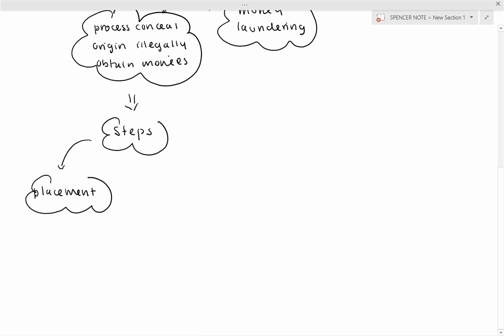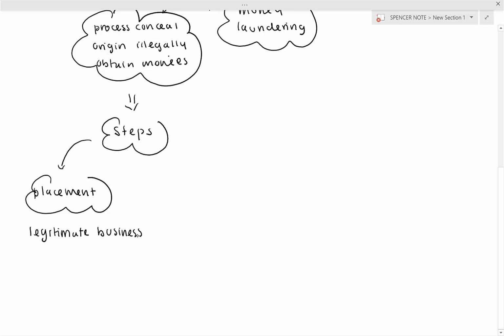They are mixing this illegally obtained money with a legitimate business. Usually, the legitimate businesses chosen are ones that are cash in nature.